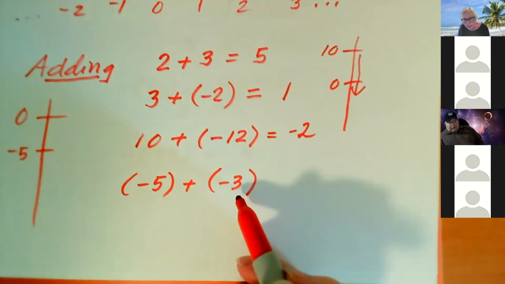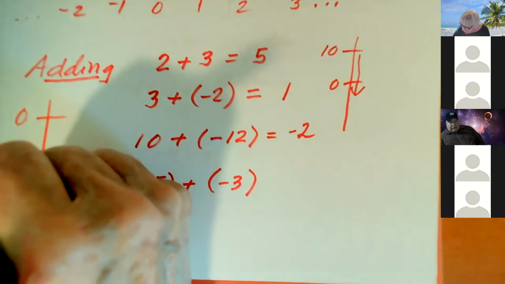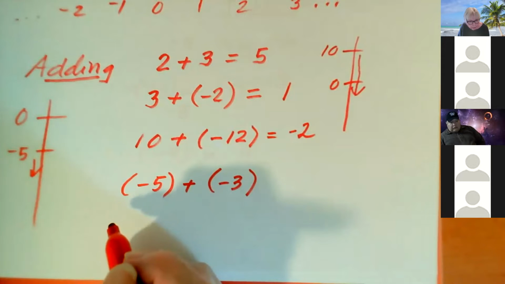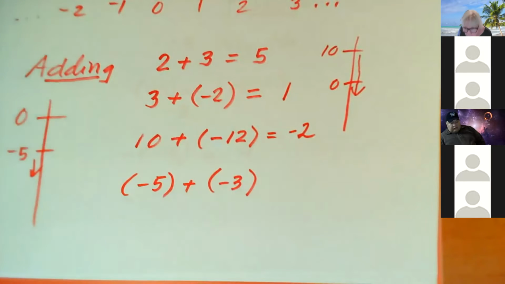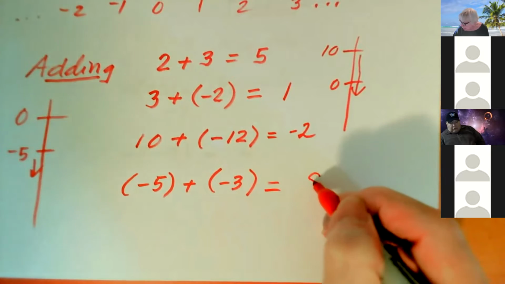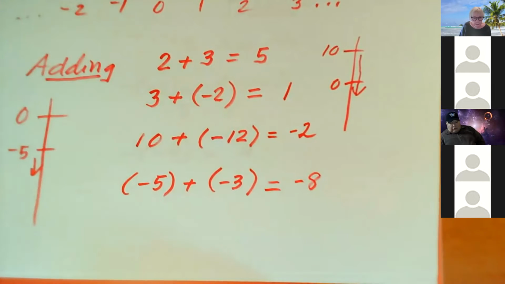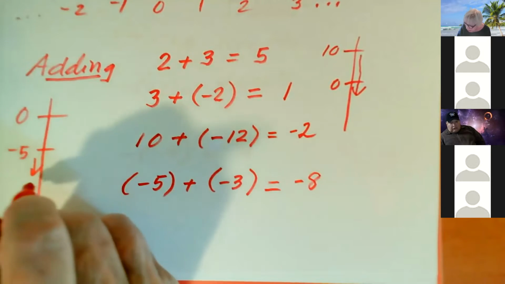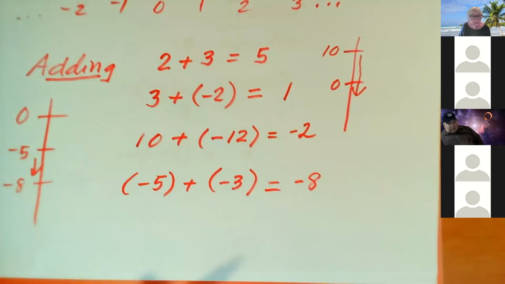This is called a very bad day. Correct? And so if it drops some more, it's going down, right? And so it's even further from 0. And so this is 8 and it's -8. Does that make sense that it would take you down to -8?